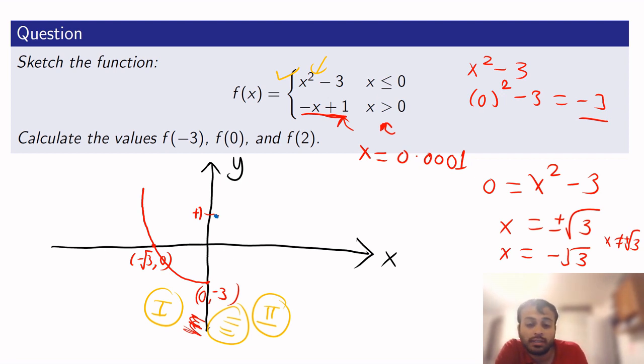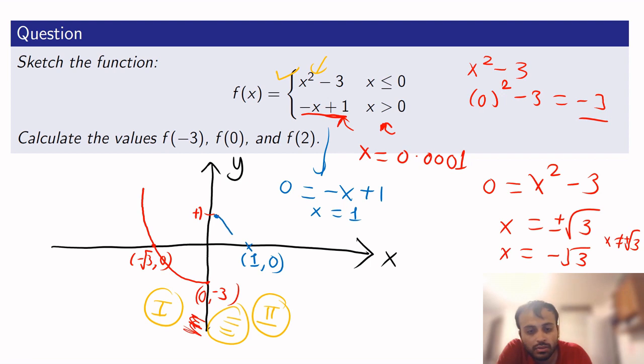Let's see what its solution, or its x-intercept, is. How can we calculate the x-intercept? Just by putting f of x equals 0. If we put f of x equals 0 and solve for x, x will be 1. So this line intersects the axis at 1. This is another point.